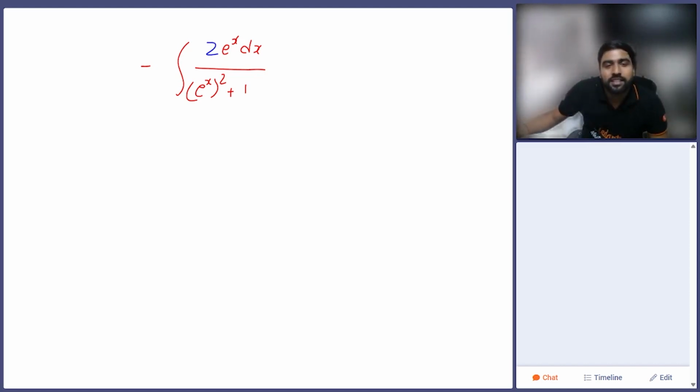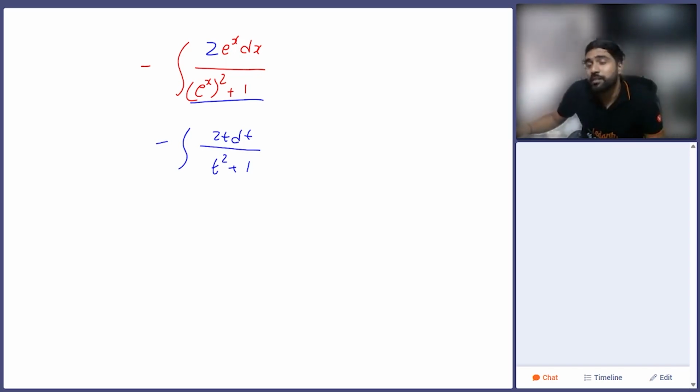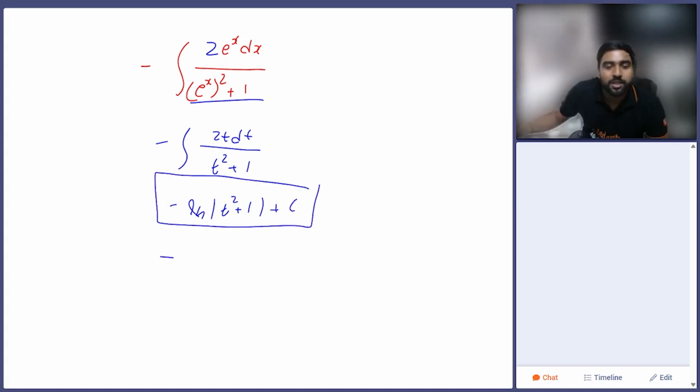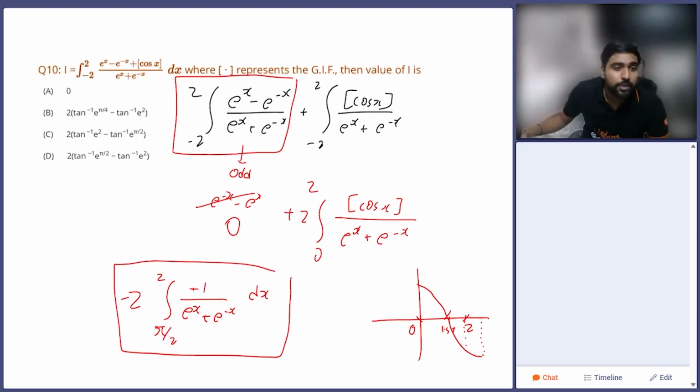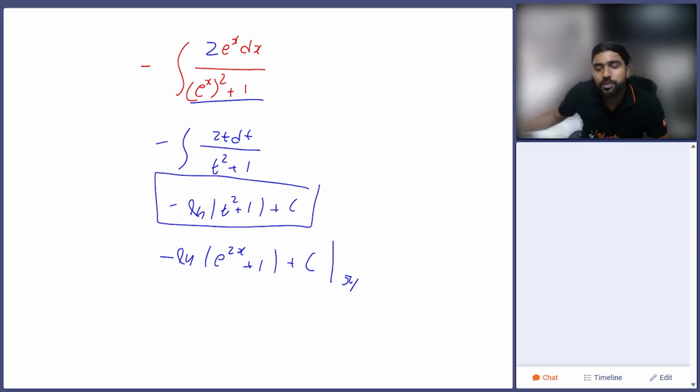And now, if you substitute (e^x)^2 plus 1 equals t, what will you get? Rather, just directly go for e^x equals t.